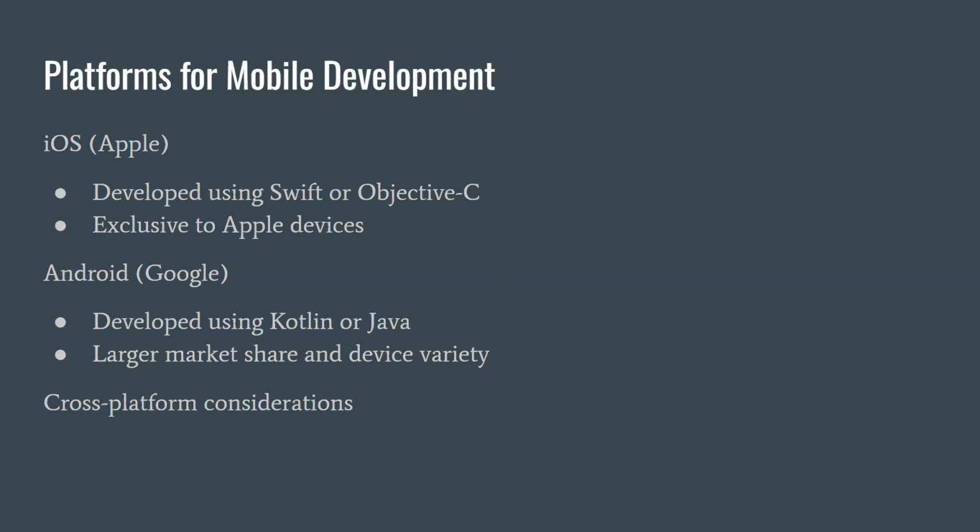You'll now see more iOS apps built using Swift, and Android apps using Kotlin or Java in Android Studio. Similarly, you'll see more Kotlin apps as time goes by. This choice of platform can influence your application's design, functionality, and reach.